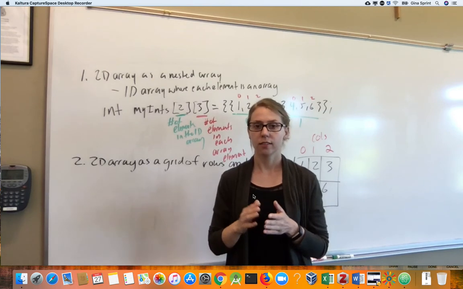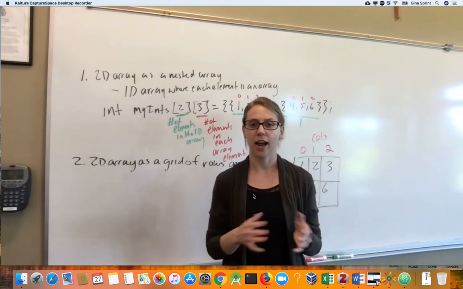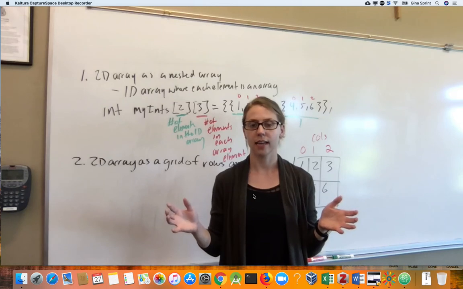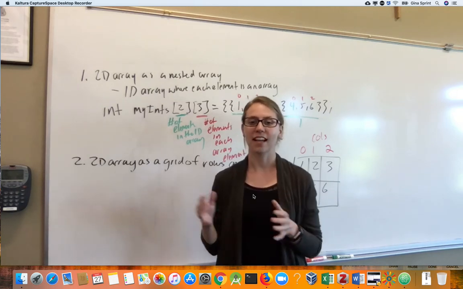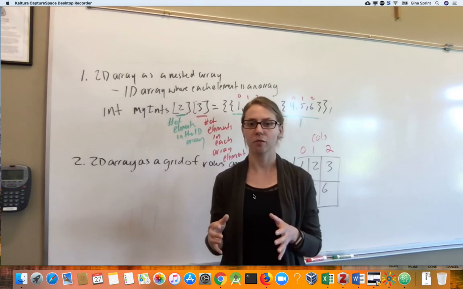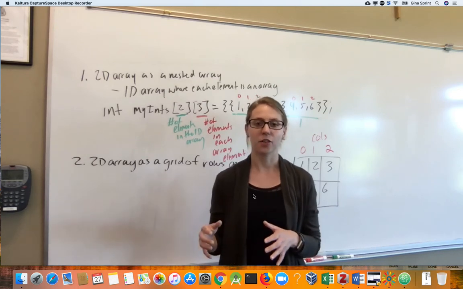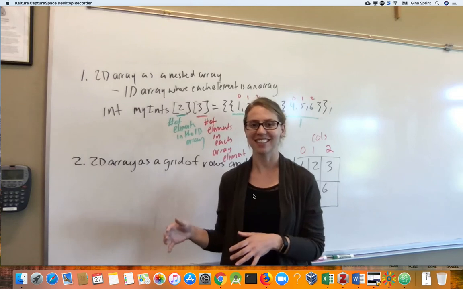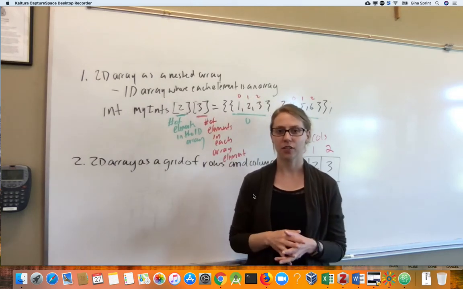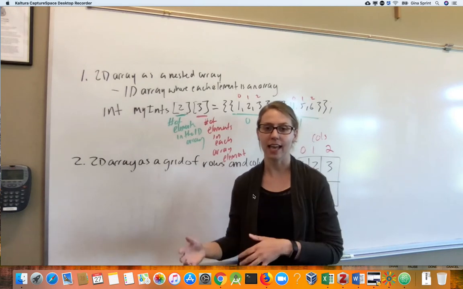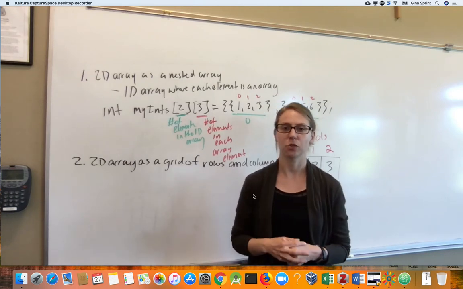a triple nested loop where your outside loop, say i, indexes into row. The next inner for loop has a loop control variable called j, which indexes into a column, and then you have a third nested inside for loop, maybe with a variable called k that's used to index again in order to get your actual value.